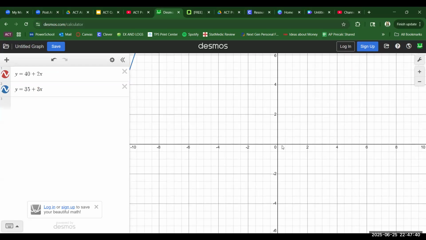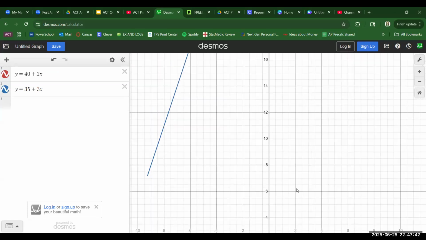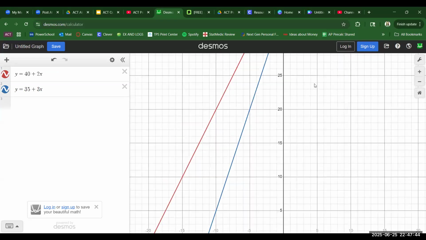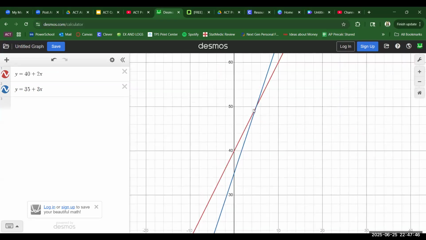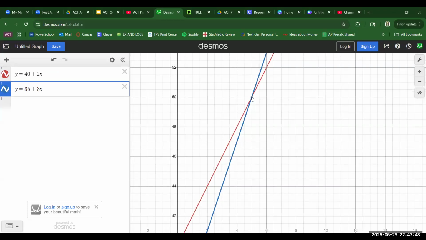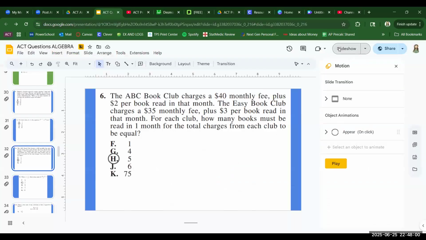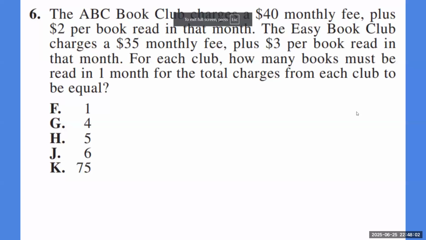Desmos is really user-friendly to move around, so we can even scroll out. We're going to have to go way up here, and then I can click on that intersection and it tells me 5 and 50. So 5 is my x value. So back at the question, the correct answer would be 5.